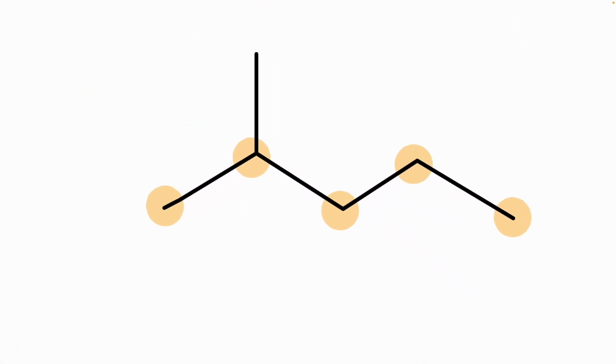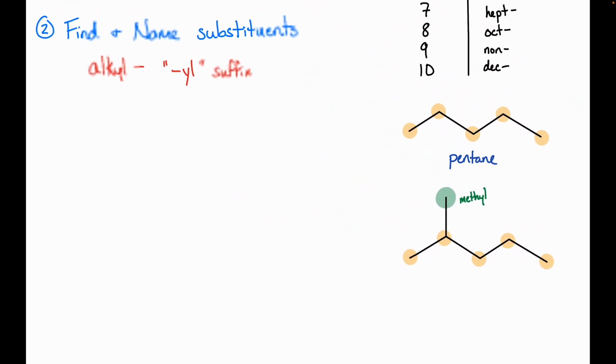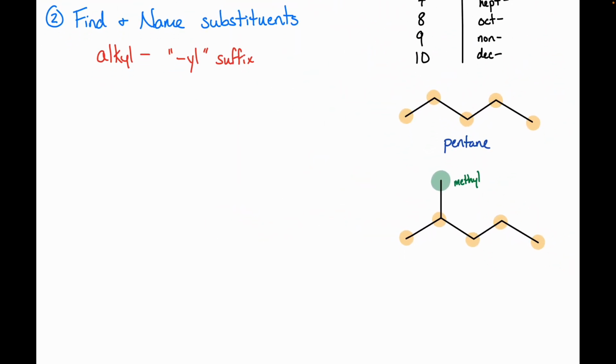All right, so in this example here, we got our parent chain in orange. I still got to account for this extra carbon up here. There's only one of them, so it gets that meth prefix, and it's an alkyl substituent, so this would be a methyl group. Okay? I'm going to leave a little bit of space. We're going to introduce a few other substituents here today. Notably our halogens, not too crazy, but we want to make some room here.